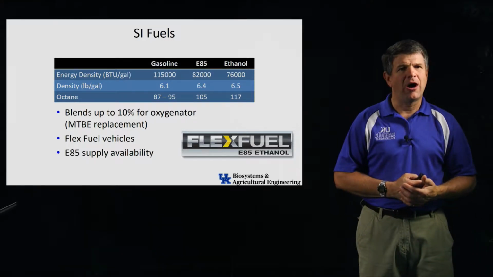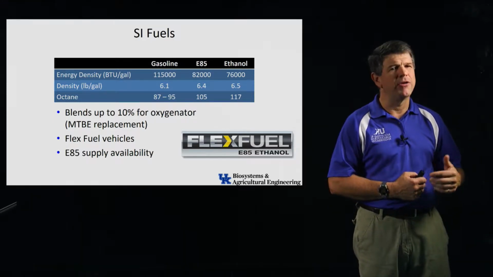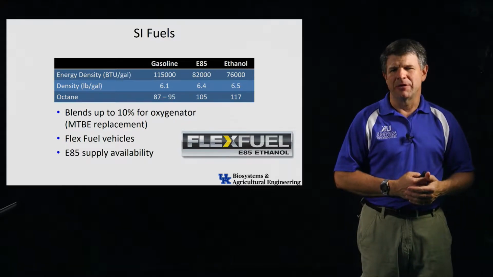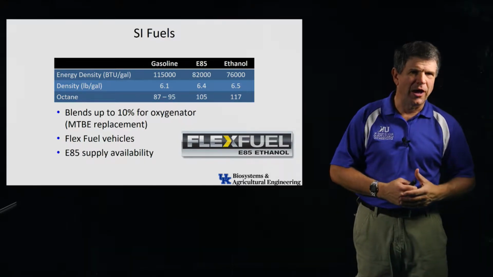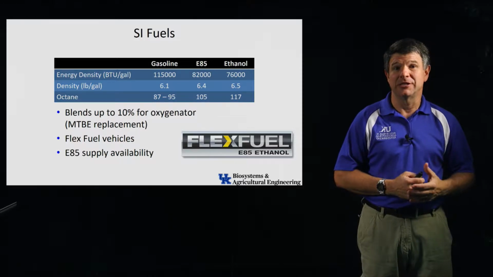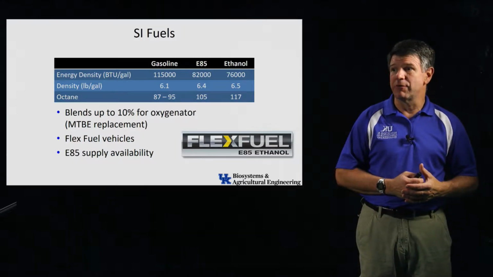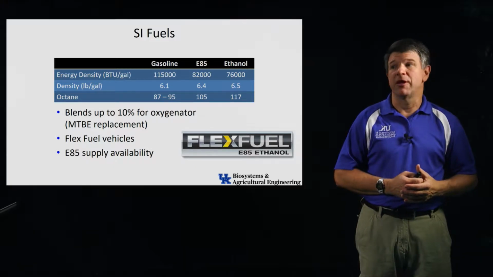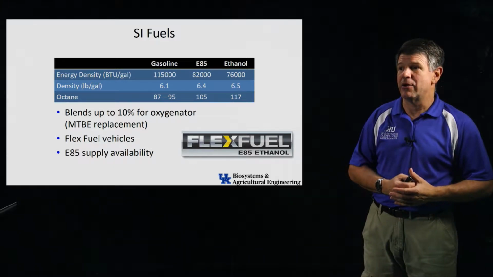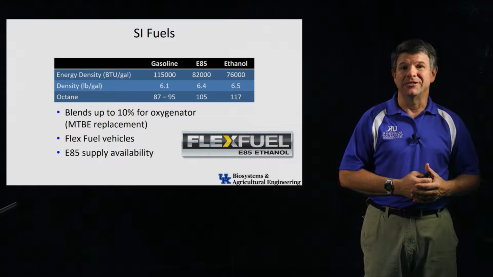That's kind of odd when you think about it, for any of you that are racing fans, and you realize that a lot of performance racing fuels are ethanol-based fuels, and you think, well, wait a minute, there's not as much energy in that fuel. Well, no, there's not. But the difference is on the last line down there: the octane rating is different.